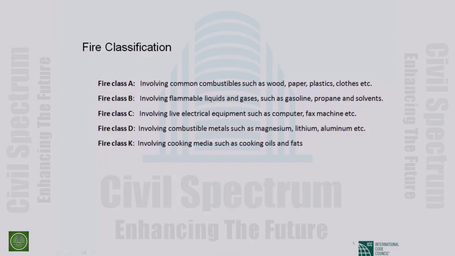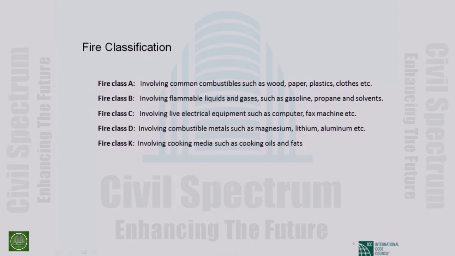And if there is some combustible metal like magnesium, lithium, sodium, they will give a different type of fire. So that will be class D fire. And in the kitchen, if there is a cooking system, cooking oils, fats, that will give you class K fire. So we have to choose our extinguishing system depending on the type of fire.